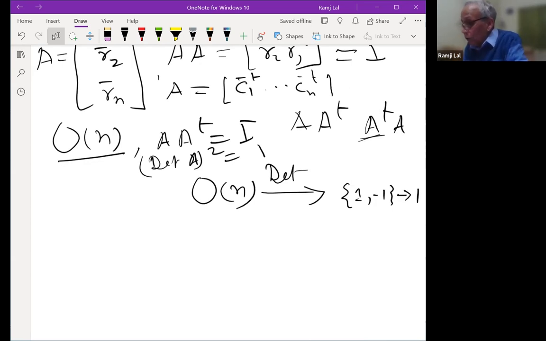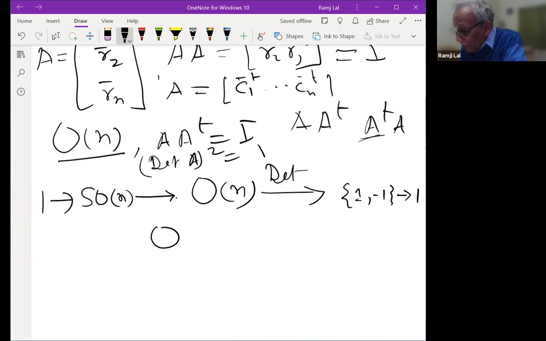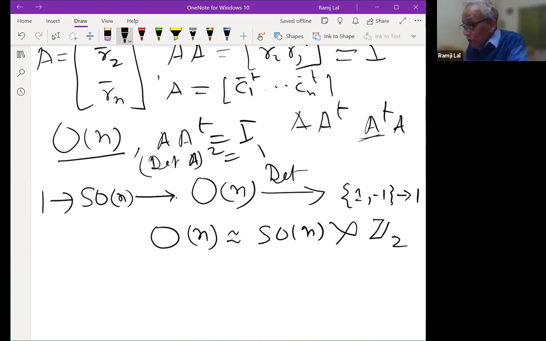What is its kernel? The kernel we call the special orthogonal group, SO(n). So this is again an exact sequence, and as before it is a split exact sequence. O(n) is isomorphic to the semi-direct product of SO(n) and Z2. This is the orthogonal group.